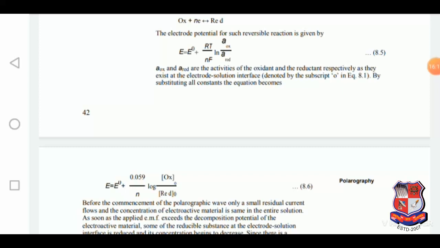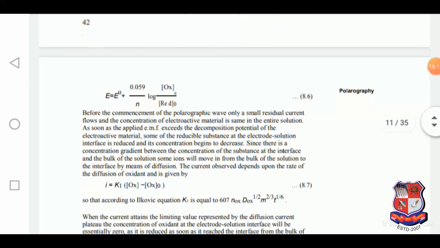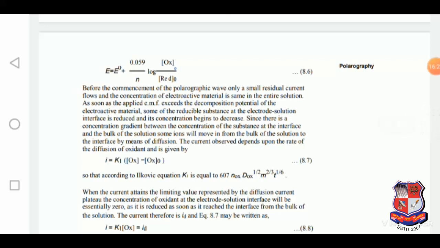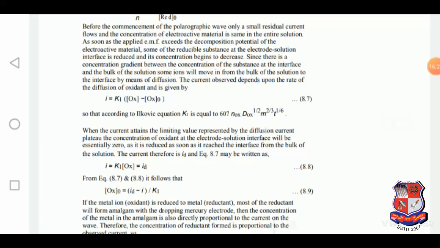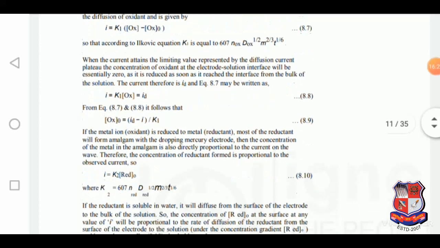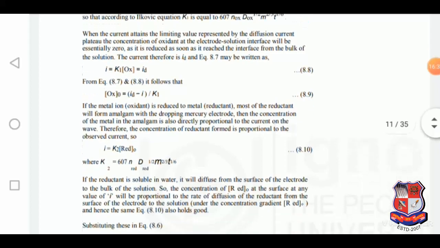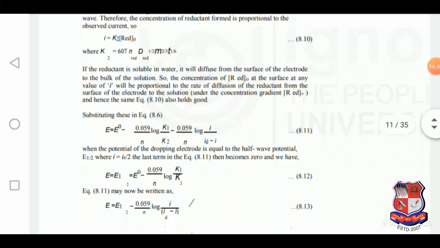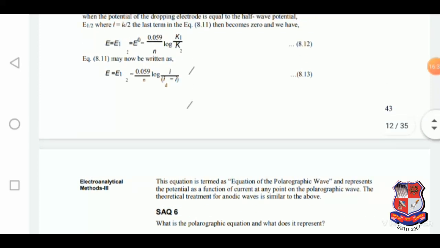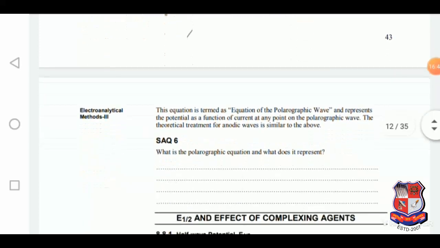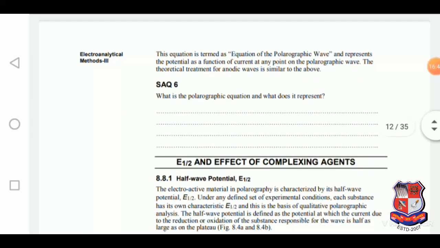By substituting all constants, the equation becomes 8.6. The current observed depends upon the rate of diffusion of oxidant and is given by equation 8.7. We can further reduce the equation, and we will get the final formula as written in equation 8.13. Here is one of the questions: what is the polarographic equation and what does it represent?